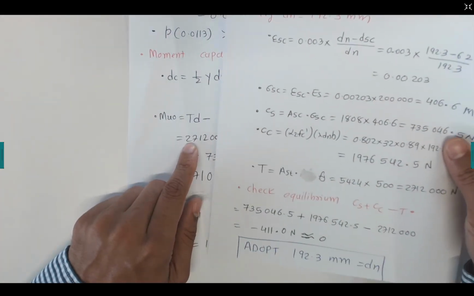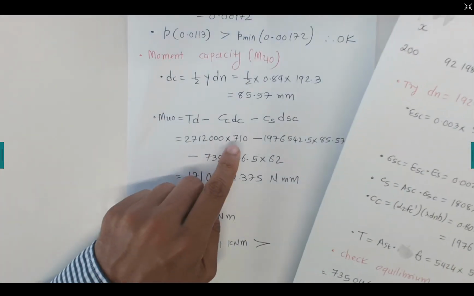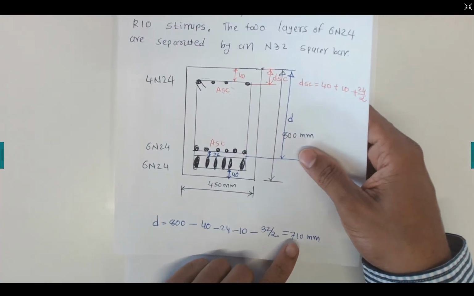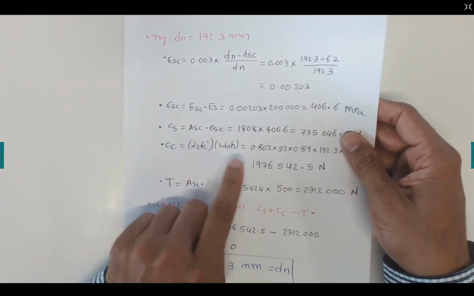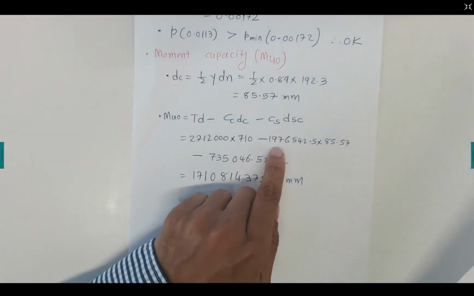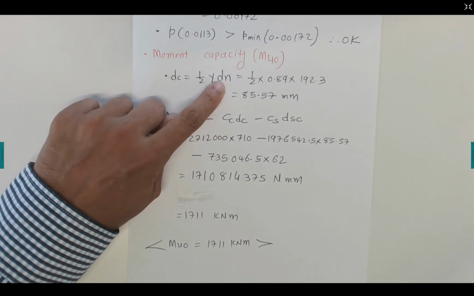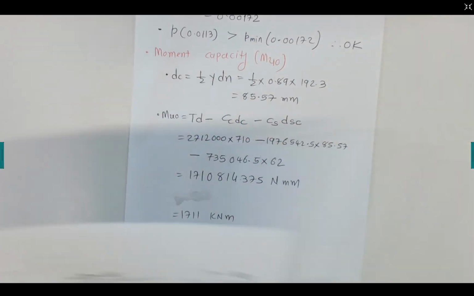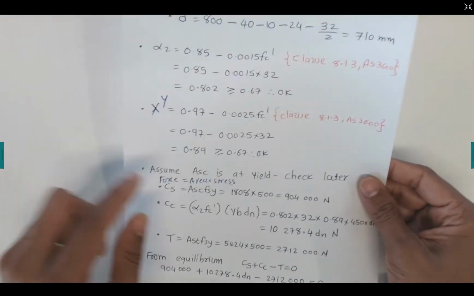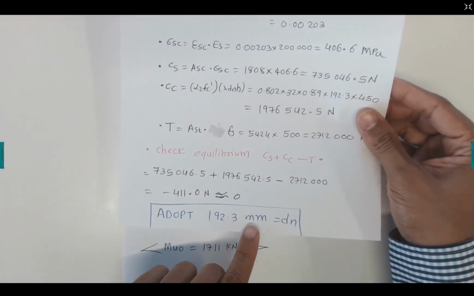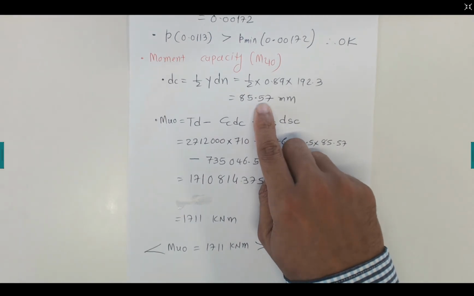So we have tension force of 2712000 times d of 710 millimeters, which we calculated. Then dc is 192.3 millimeters, with the compression force of these big numbers taken here. dsc we calculated here as 1/2 gamma DN. Gamma is 0.89 and the DN value we carried is 192.3, which gives us 85.57.